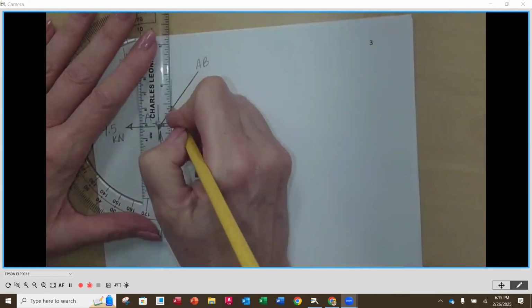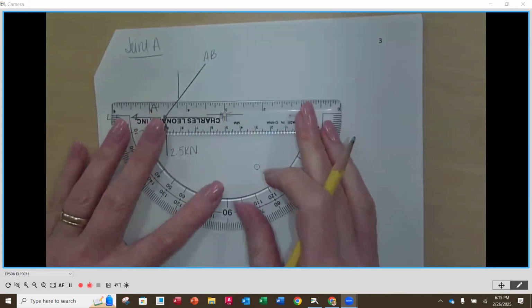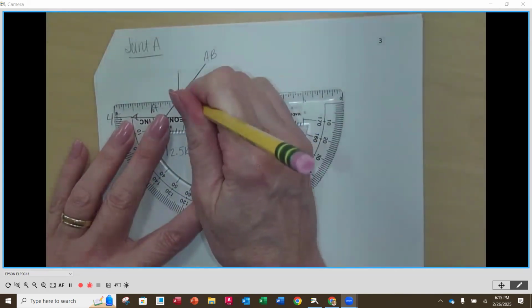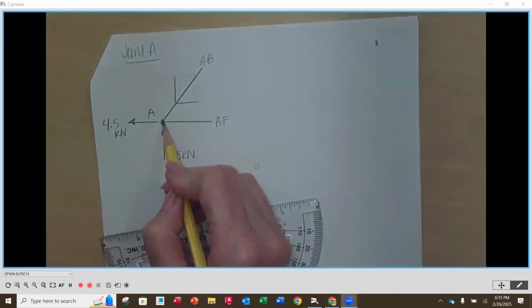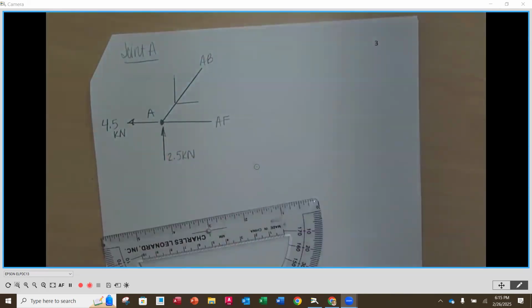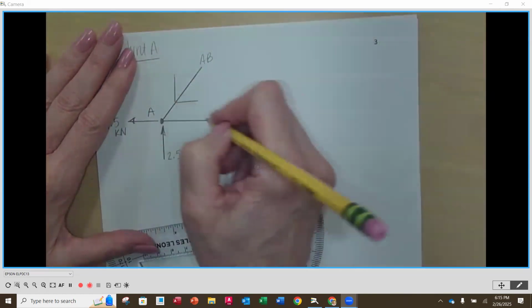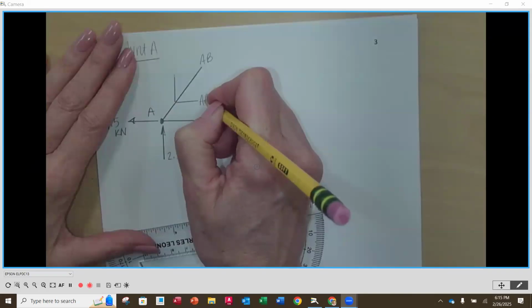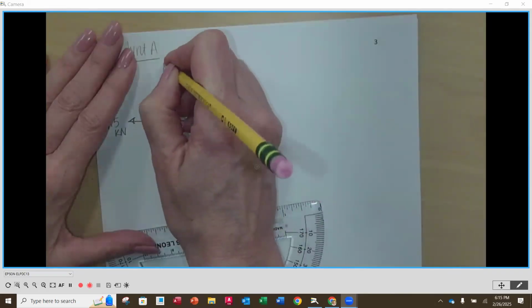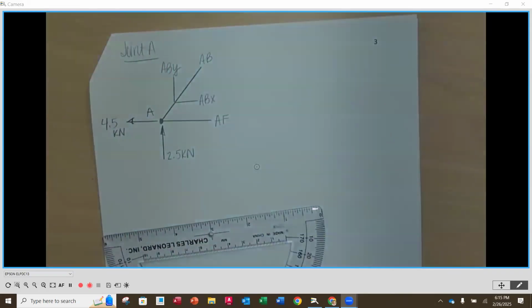And you're going to notice I'm going to put my X and Y components just back a little bit. The true application, they will be at point A, but this helps us to just kind of separate them and have a little bit of space to write things. So this is going to be ABX and this is going to be ABY.